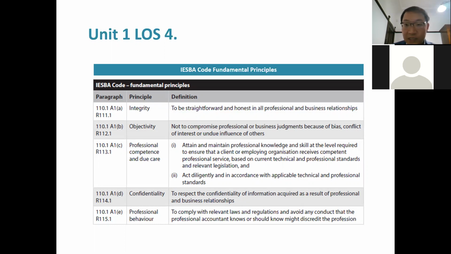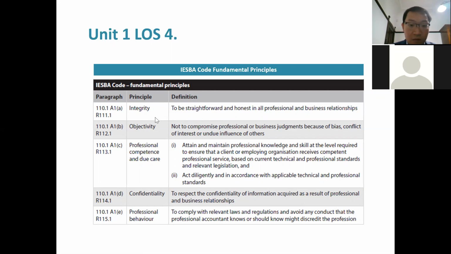Objectivity is about making sure that our conduct of business is done without prejudice or without bias. Integrity is more about focusing on the right thing to do. Objectivity is about focusing on what we need to do without any influence.